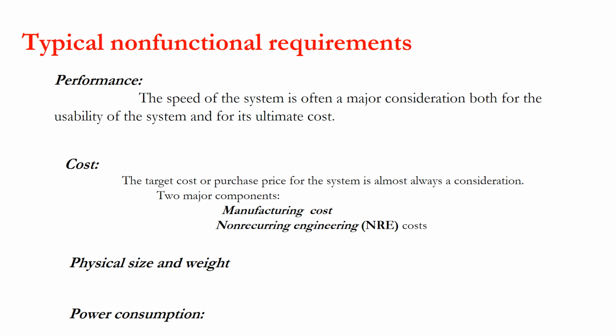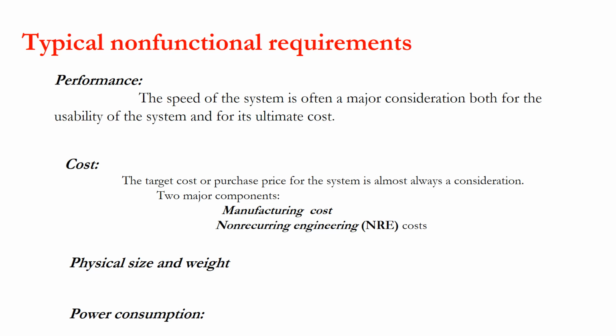If we are increasing the speed of the system, it means we are increasing the processor speed. We are going for an upgraded version of the processor, which means the cost tends to increase. Then coming to the cost, the cost is the purchase price of the system.